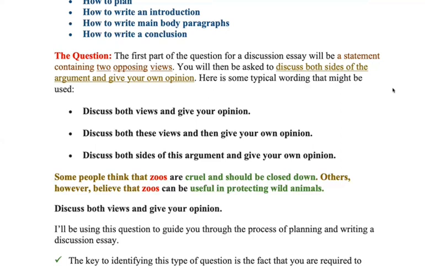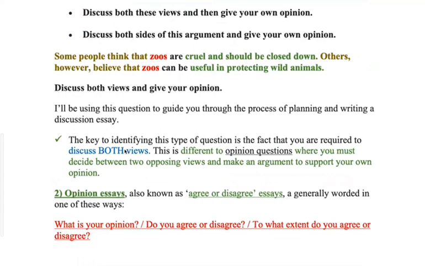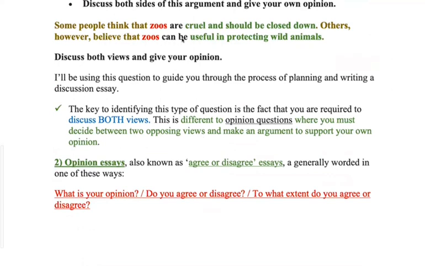Let's have a question. The question here says, some people think that zoos are cruel and should be closed down. This is view number 1, or view A. Other people, however, believe that zoos can be useful in protecting wild animals.